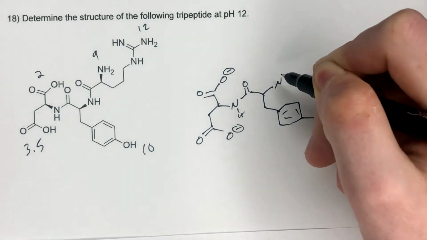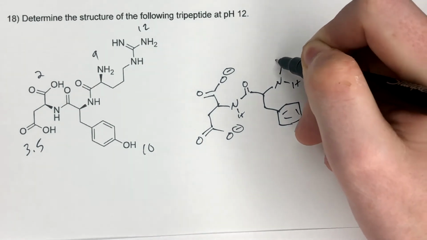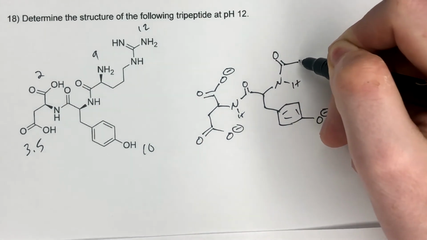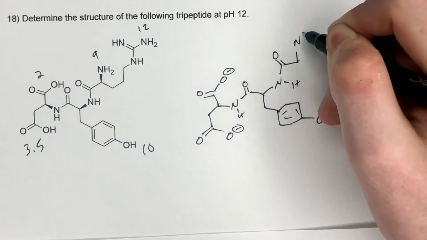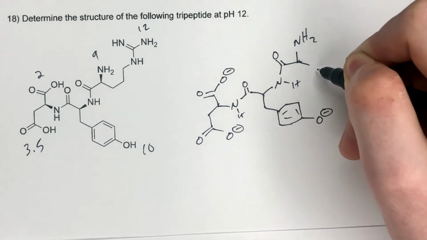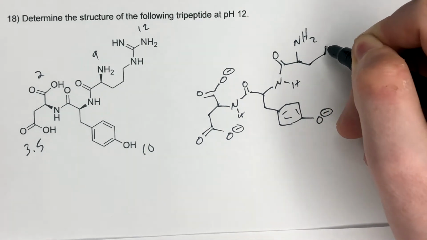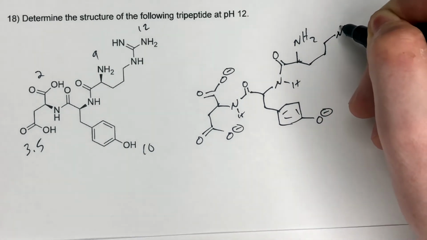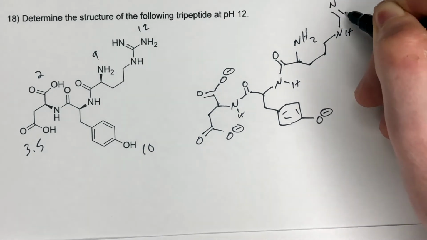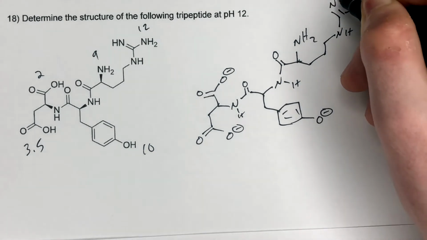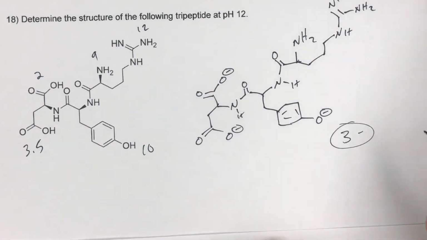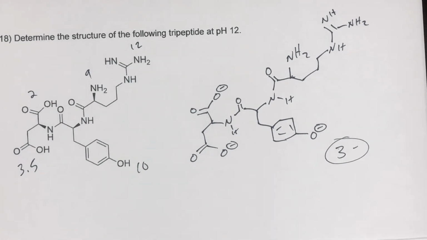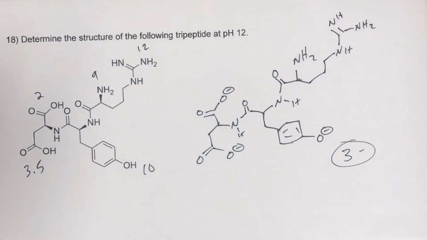Negative charge. Nitrogen, carbonyl. Let's see here, nitrogen, neutral, carbon, and the guanidinium group, also neutral. So total of 3 negative charge. All right, that is that one.